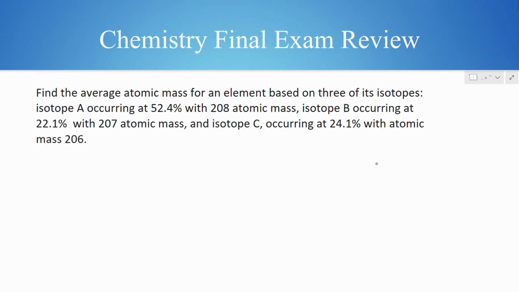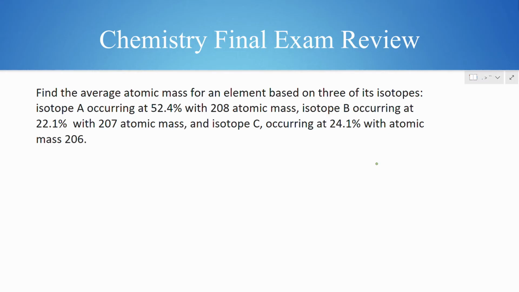Find the average atomic mass for an element based on 3 of its isotopes. Isotope A occurring at 52.4% with 208 atomic mass, isotope B occurring at 22.1% with 207 atomic mass, and isotope C occurring at 24.1% with atomic mass 206.